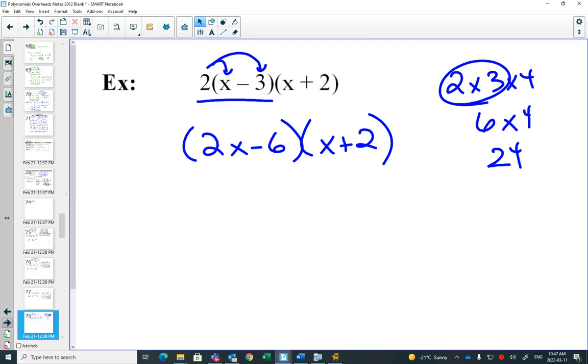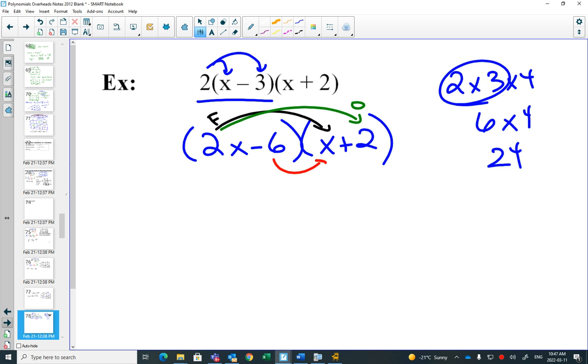And then now you can either make your chart or you can multiply your first ones, your outside ones, your inside ones, and your last ones. I used that color already. Yes, you can choose whichever 2 you want to multiply first.